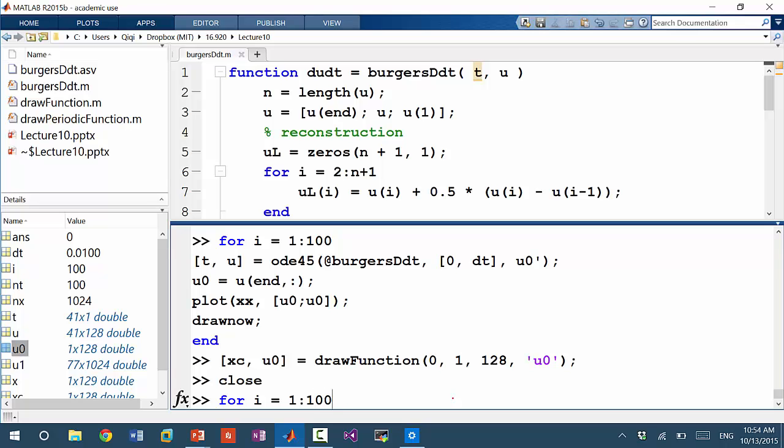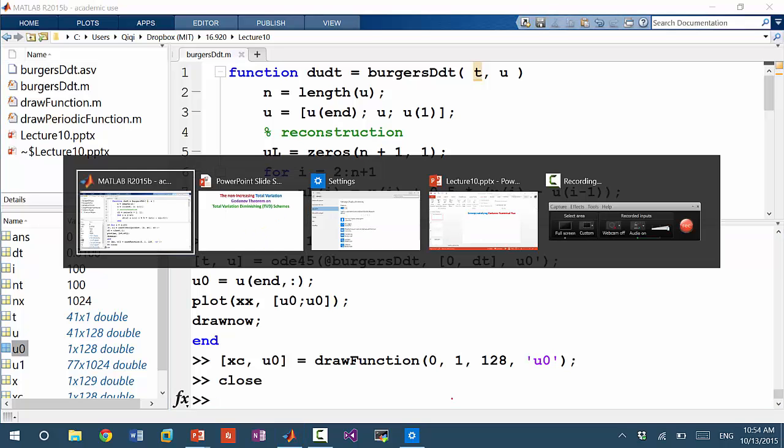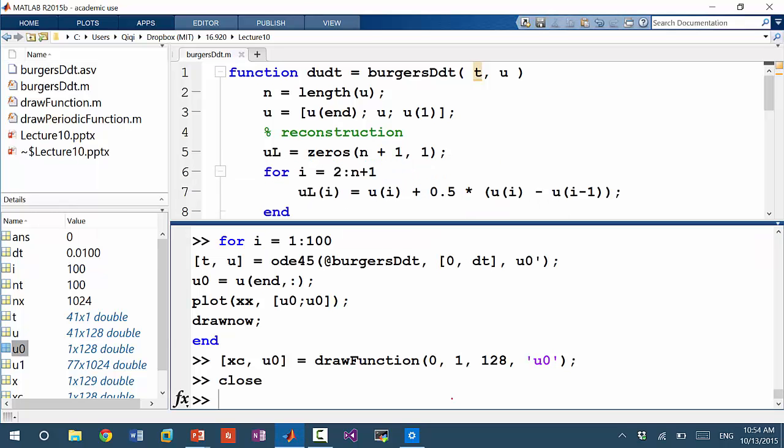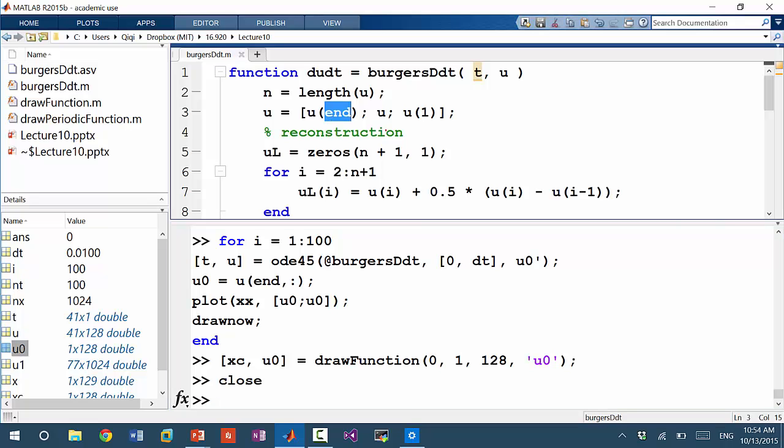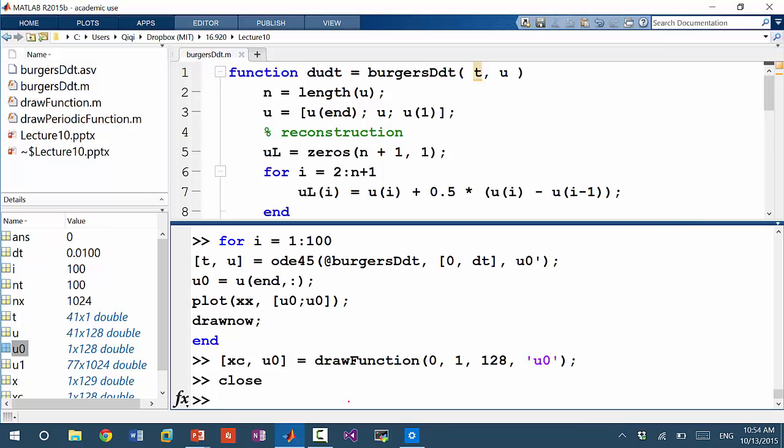Yes, this is called at every step by ODE45.